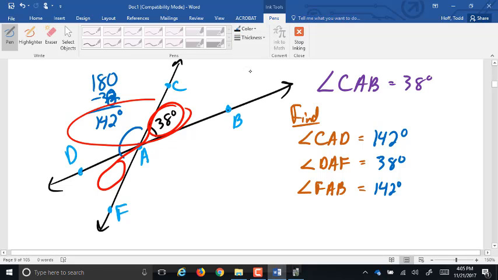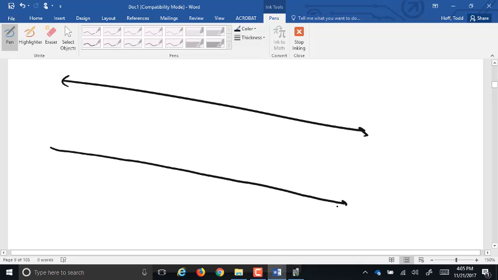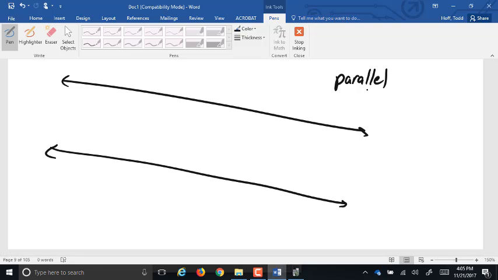Well, our next step is to take this to the next level. These lines are what we call parallel. Good. Now most people are used to the definition of parallel lines as being lines that never intersect.